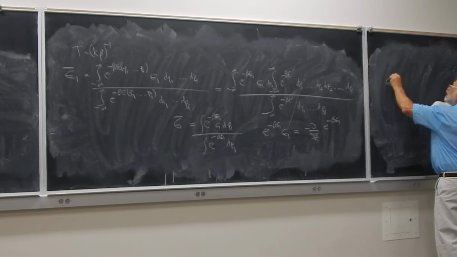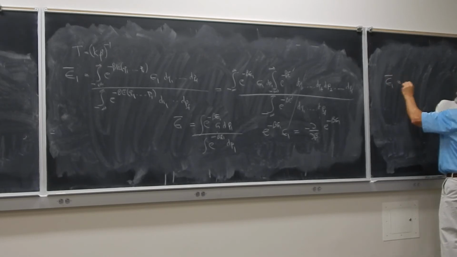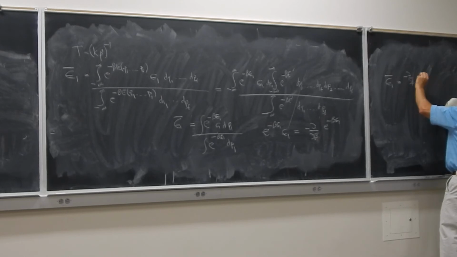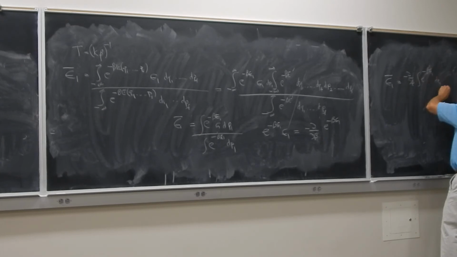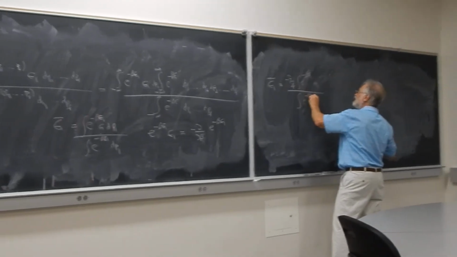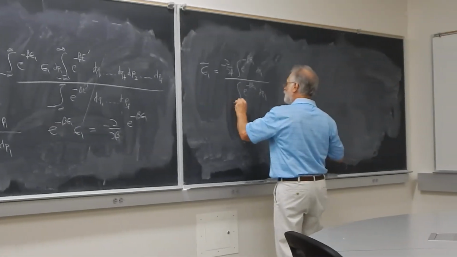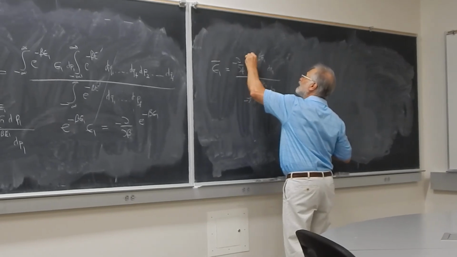I can write E1 bar, my mean, as minus d by d beta of the integral of e to the minus beta E1 dP1, divided by the integral of e to the minus beta E1 dP1, all from minus infinity to infinity.